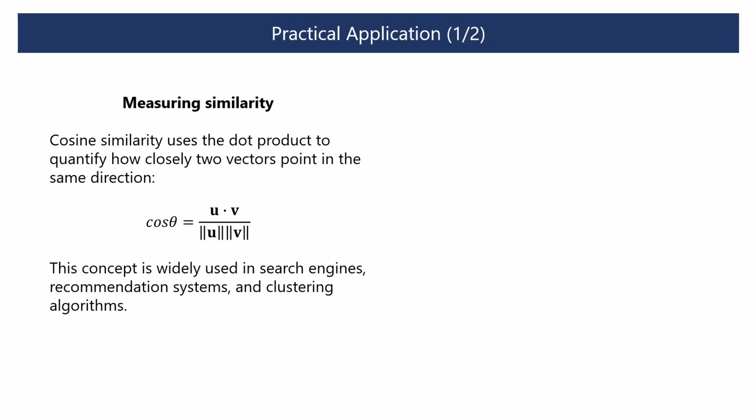Cosine similarity uses the dot product to quantify how closely two vectors point in the same direction. This concept is widely used in search engines, recommendation systems, and clustering algorithms. For example, if a user's preference vector is closely aligned with a product feature vector, that product is likely to be recommended.